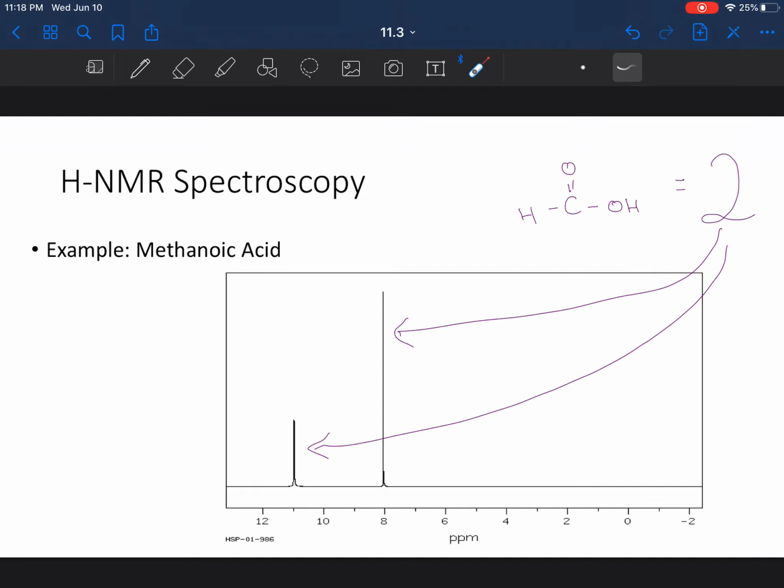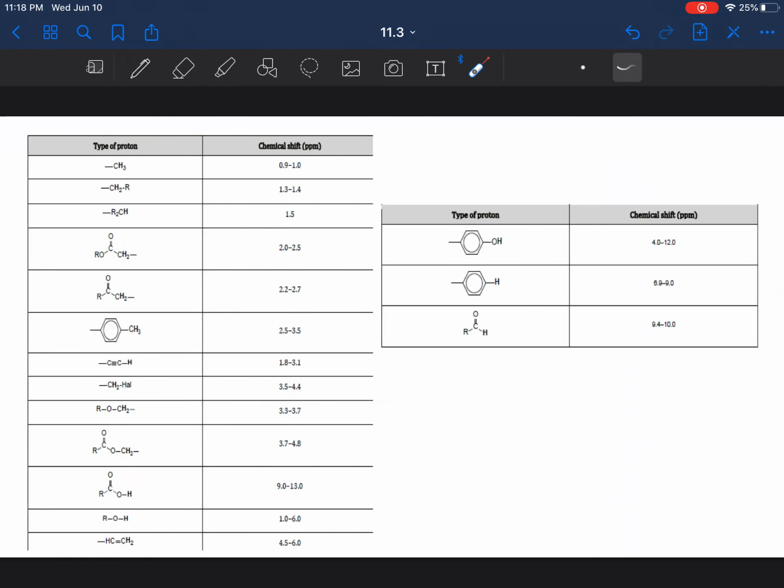How do we know? Is there a chart that we can go by like last time with IR? Of course, absolutely. I think this is page 27 in your IB booklet. I don't remember, but here you'll see all the peaks, the chemical shifts, for different hydrogen scenarios.